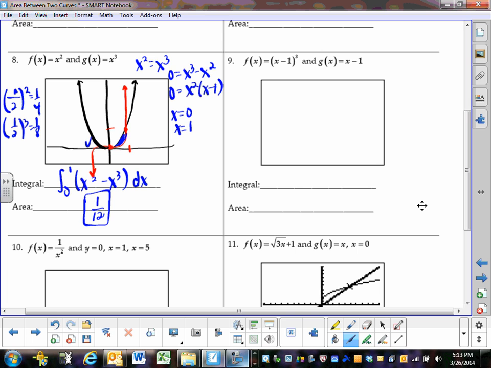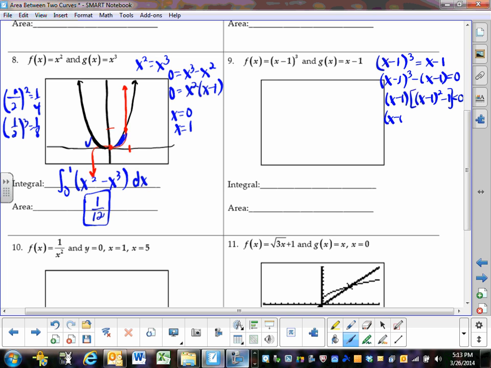Okay, for this next graph, I want to set the functions equal. So x minus 1 cubed has to equal x minus 1. If I subtract over, the easiest way to do this one, I'm going to put this in parentheses, equal to 0, is to pull out the GCF of x minus 1. That leaves me with x minus 1 squared minus 1 equal to 0.